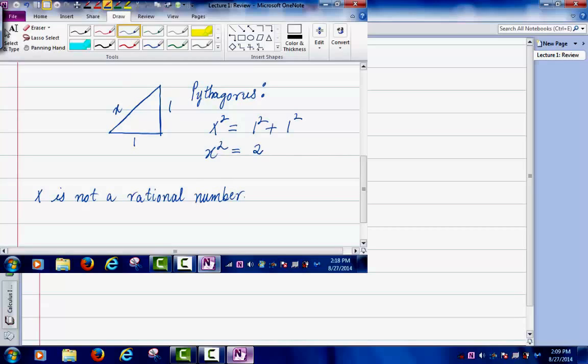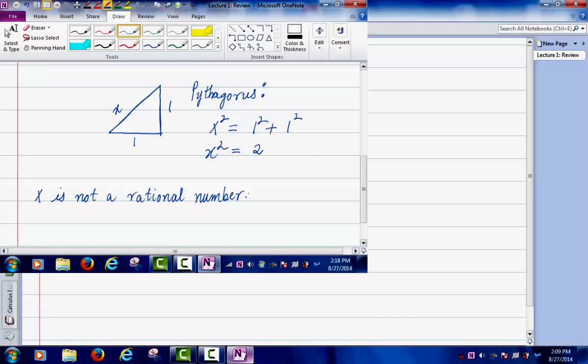That is, they could justify that you cannot express x as the ratio of two integers. There is no way of expressing x as a ratio of two integers. So it's not a rational number.